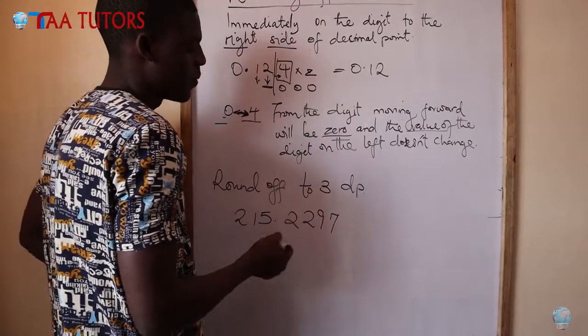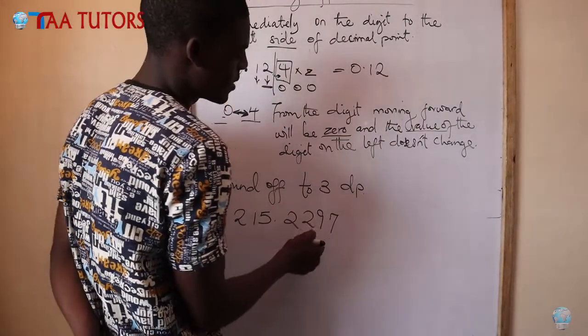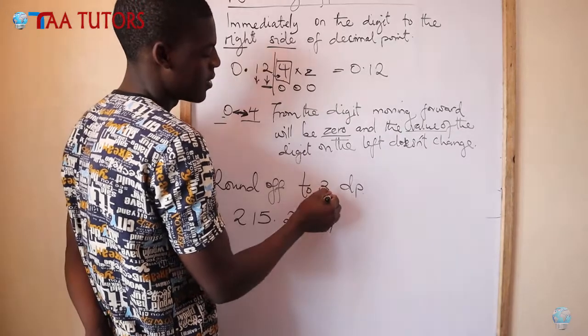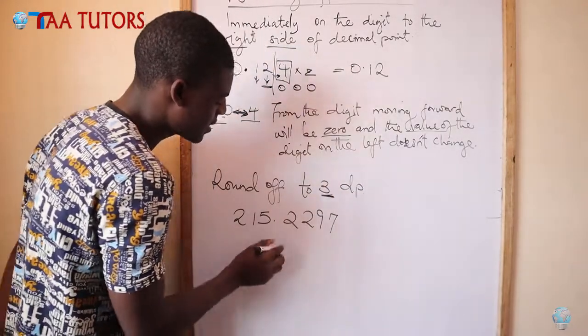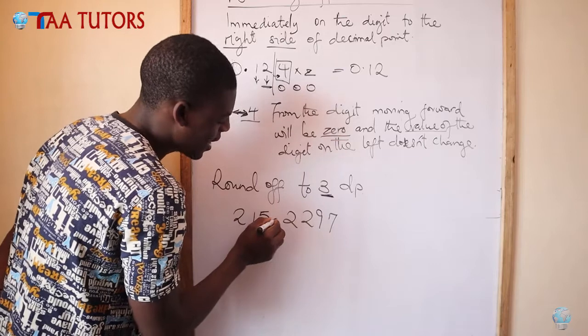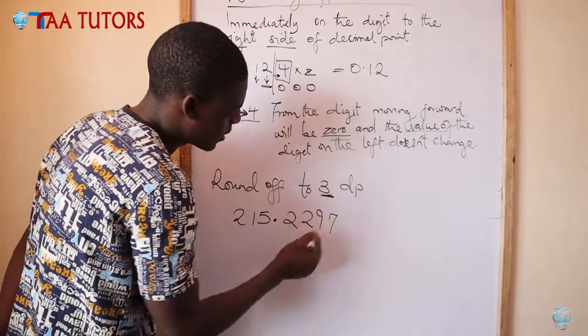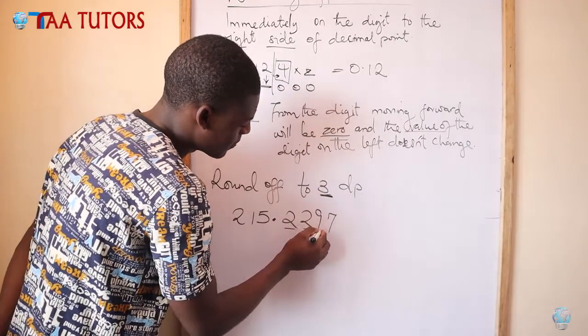From the decimal point we count 3 decimal places: 1, 2, 3.